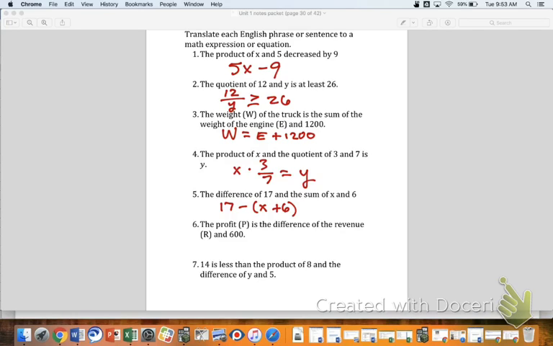The profit P is the difference of the revenue R and 600. And lastly, 14 is less than the product of 8 and the difference of y and 5.